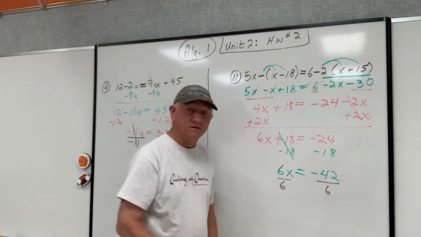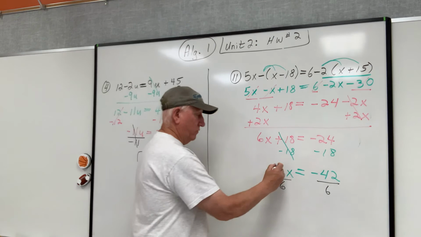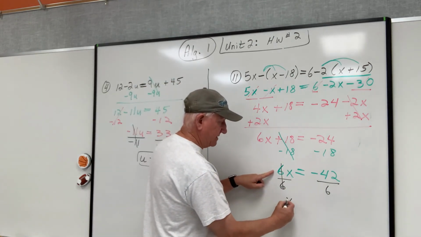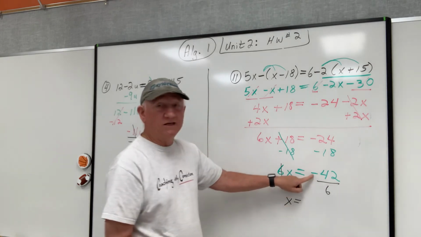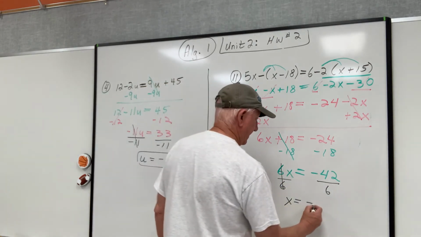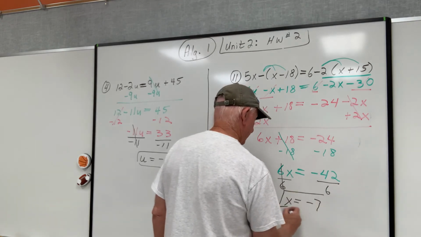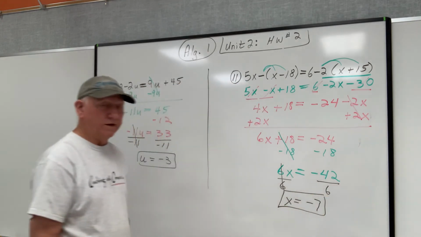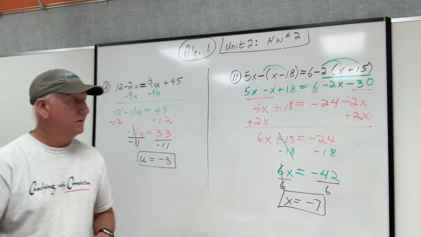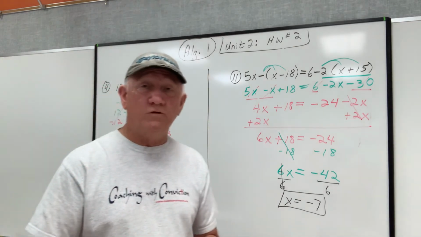By 6. So what we have left after we divide by 6 is x equals a negative 42 divided by 6, which is going to give us a negative 7. So x equals -7.